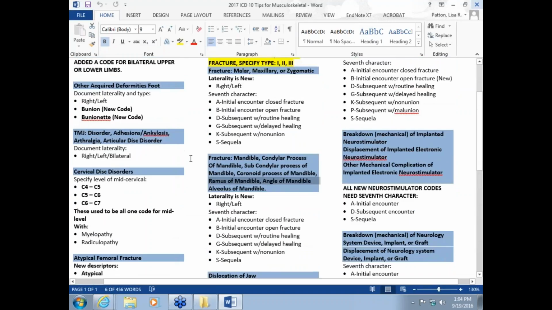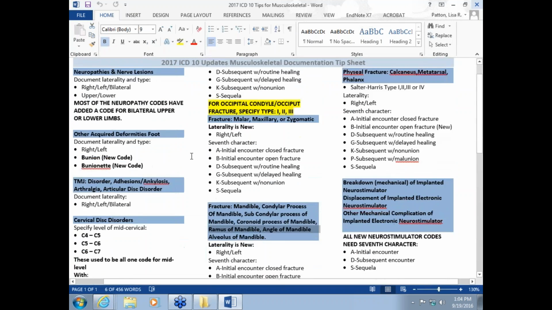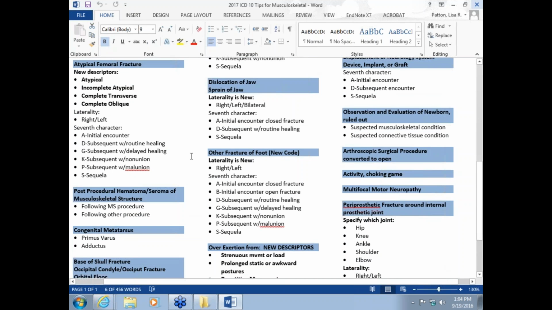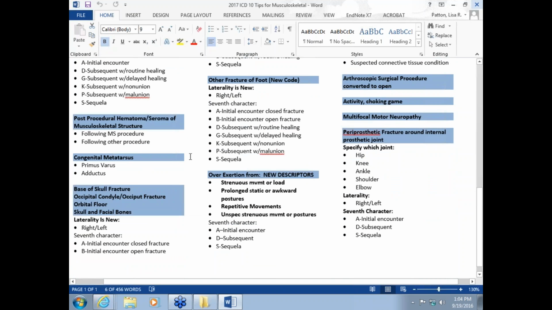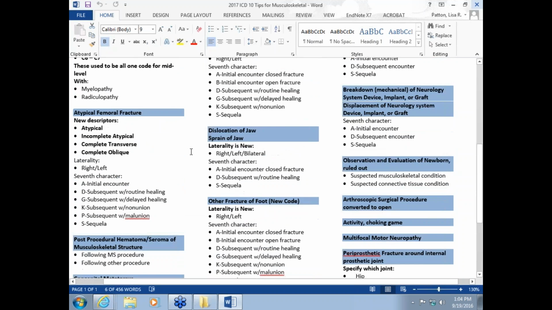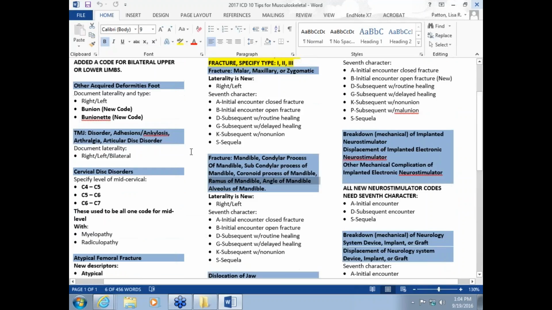Those are not new, but they're still on there. Congenital metatarsus, you now have primus varus and abductus. Your skull fractures, the new part of that is your right and left. You still have your 7th digit character. You also have to do the fracture specific type as 1, 2, or 3.